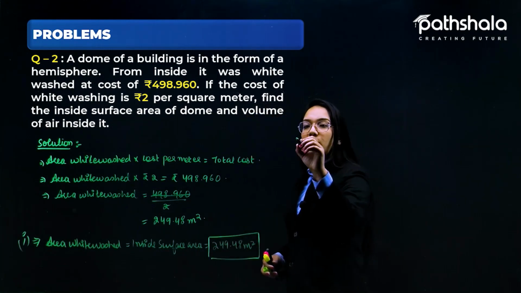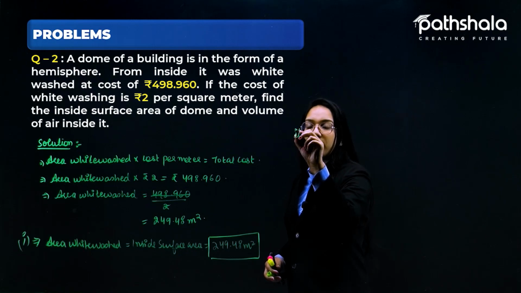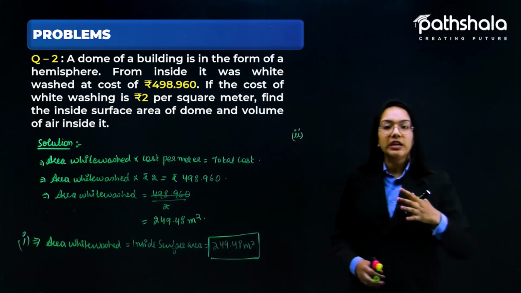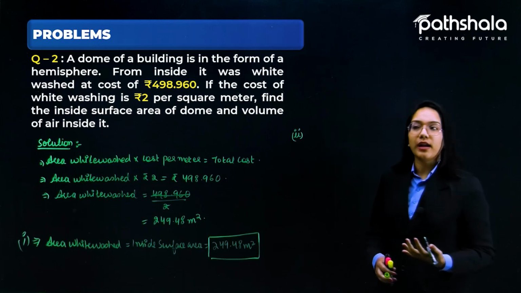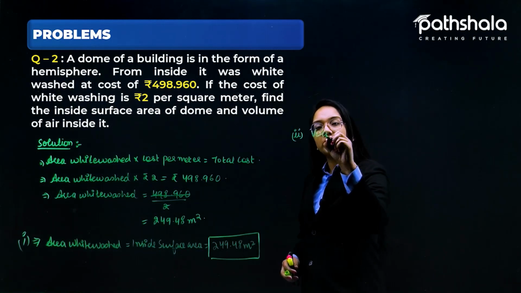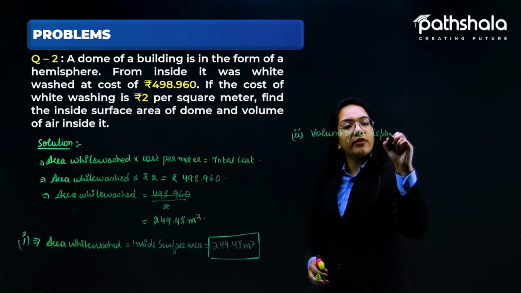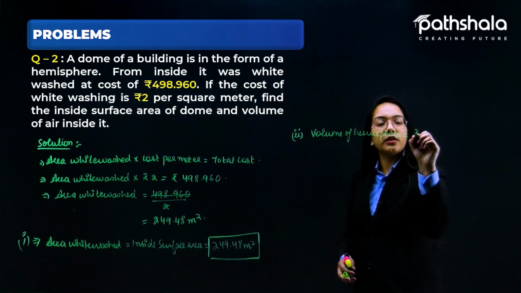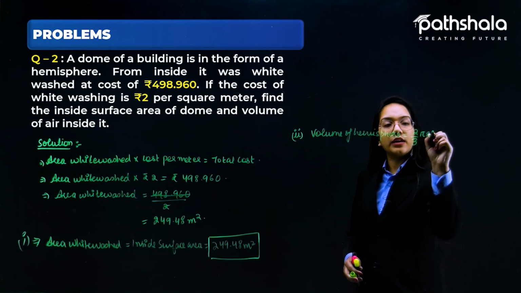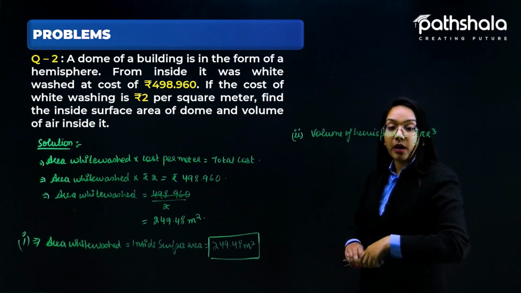Now let's move on to the second part, in which we have to calculate the volume trapped inside it. We know that the volume of a hemisphere is 2 by 3 pi r cube, but we are unaware of the radius.